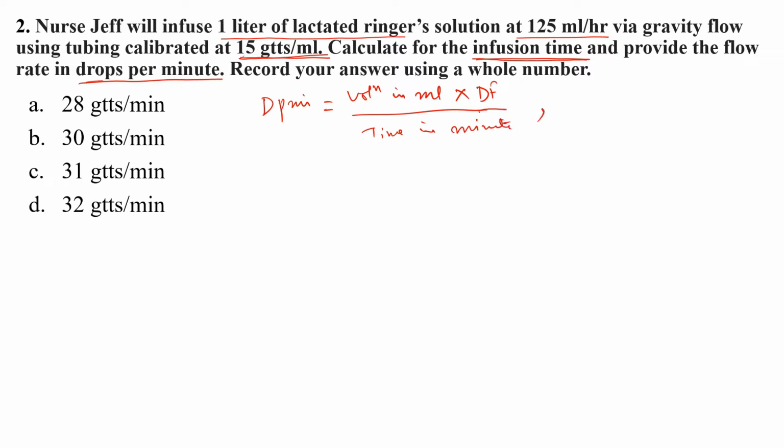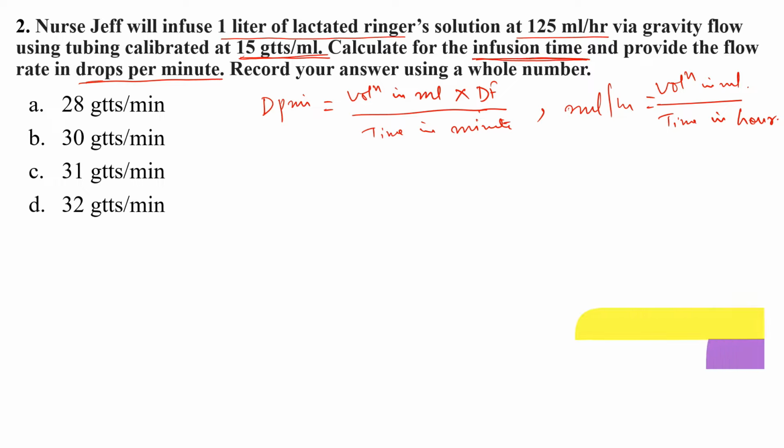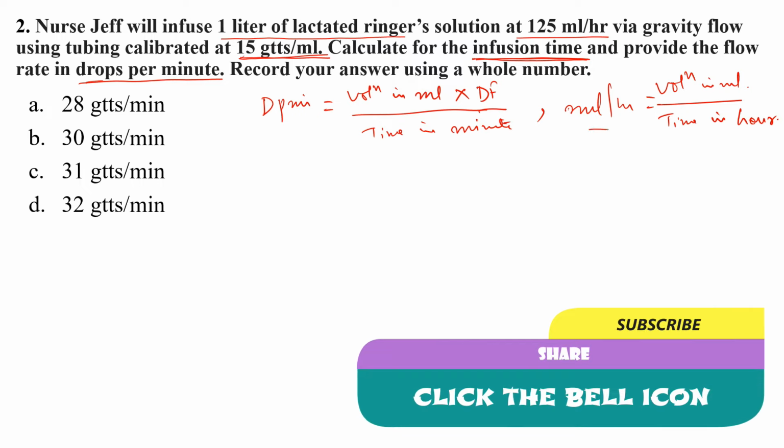And here we have to use another formula, that is the rate of infusion, that is ml per hour, is equal to total volume to be infused in ml divided by time in hours. Since the question didn't give the time, and it says we have to calculate the infusion time, we just have to substitute the given data in this formula.